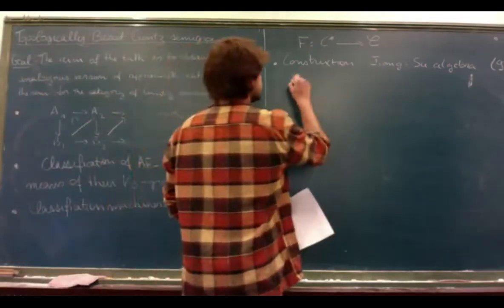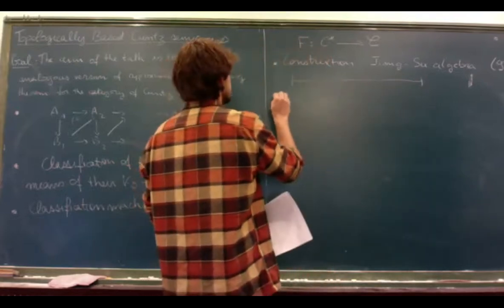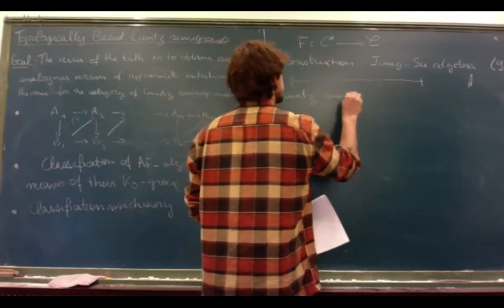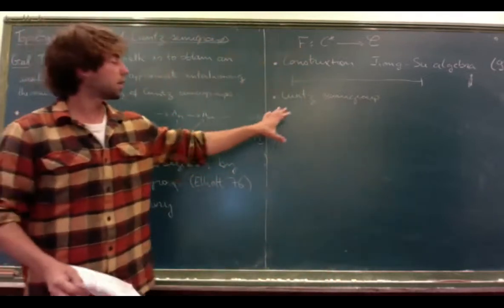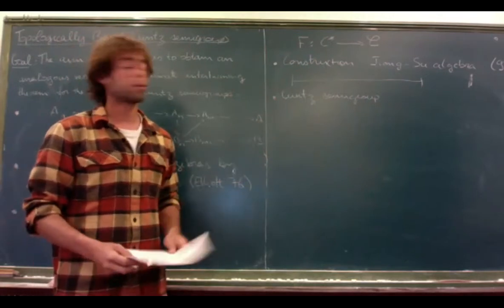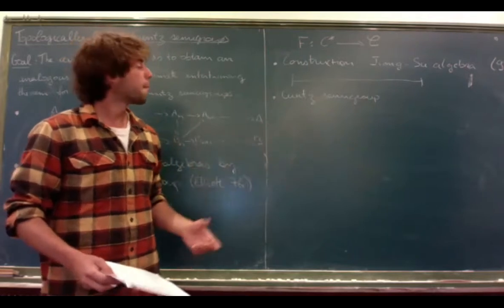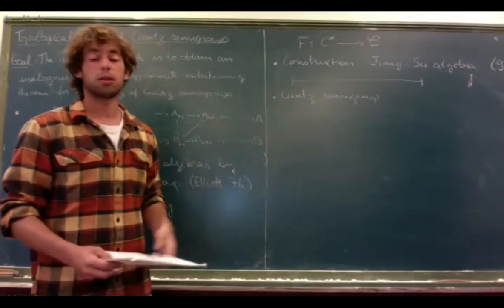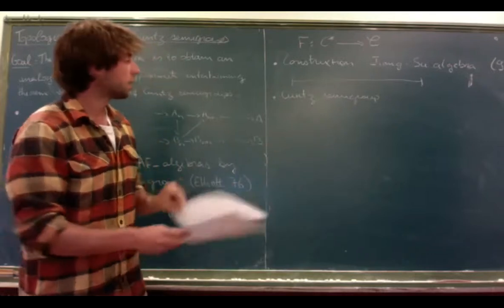So on the other hand, we have the Kuntz semigroup. This subject has been a valuable asset regarding the classification of non-simple C-star algebras, because it's a rather complex invariant, but it captures really well the structure of the ideals of the algebra.